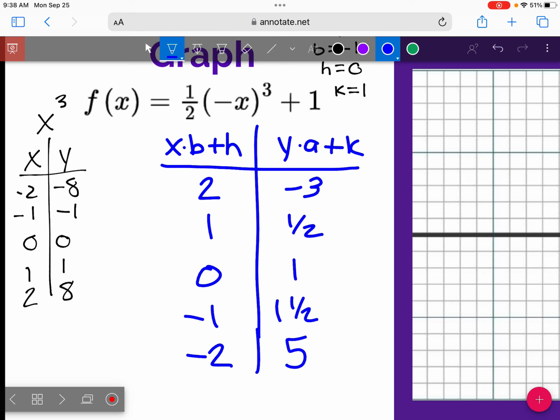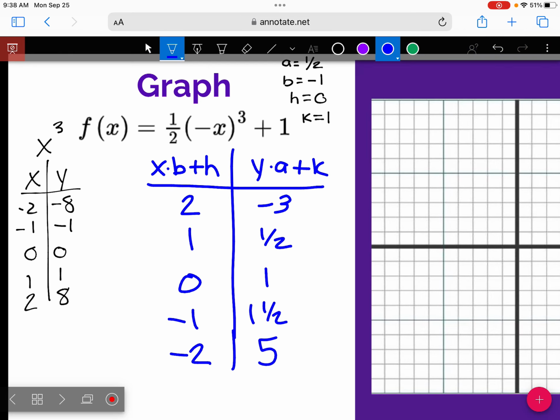Yeah, 1.5 is fine. I genuinely do not care if you put fractions or decimals. I'm looking at the graph. The only time I'm looking at your table is if we need partial credit for something. Wait, how is it 1.5? 1 times 1/2 gives us what? 0.5 plus 1. There we go.